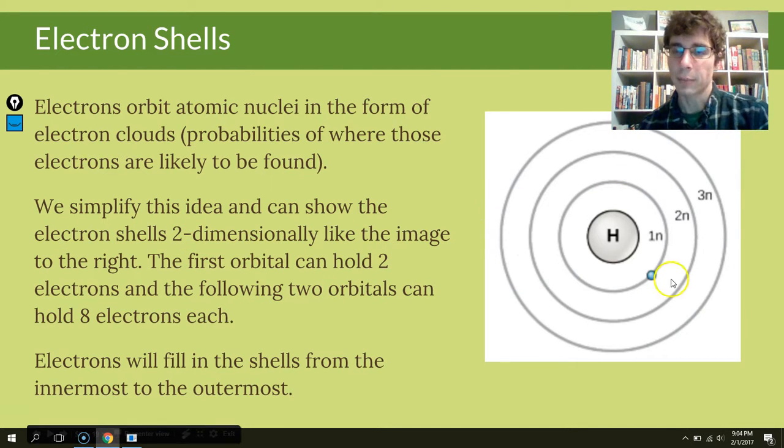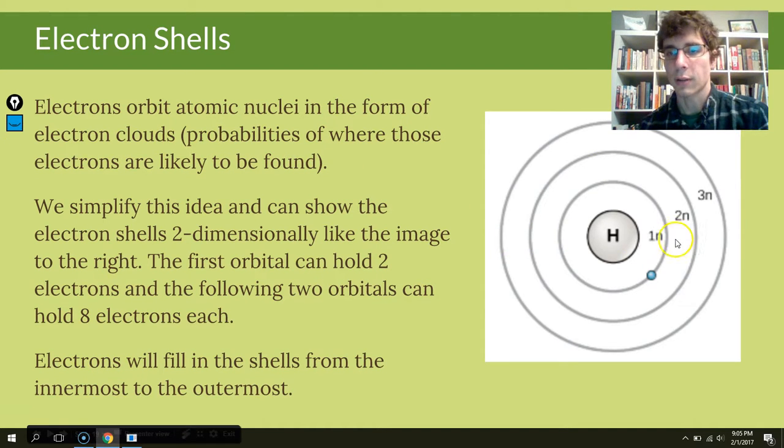So in every atom, there are these electron orbitals. We talked about last quarter, if you did the atoms unit, how electrons can bounce between these orbitals. It turns out that in this first orbital, only 2 electrons are allowed.